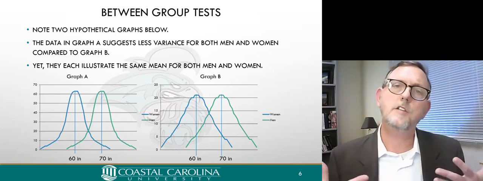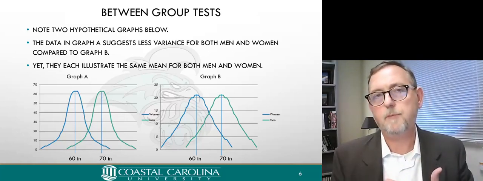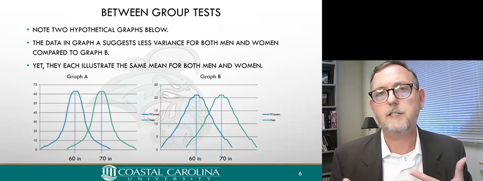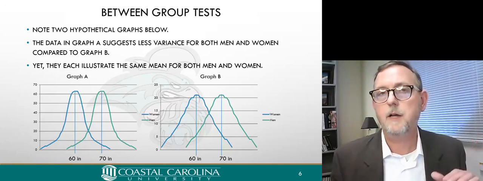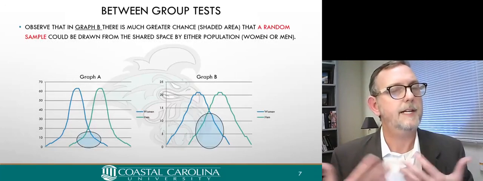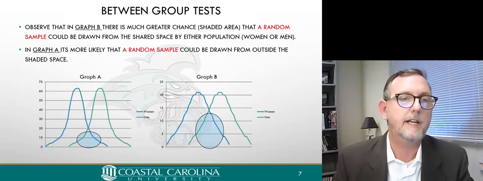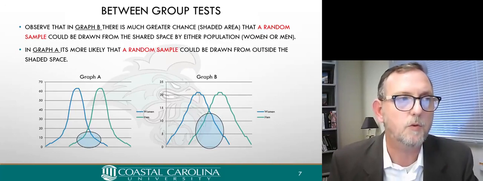And also, at the same time, we can see that there's an overlap between the men and the women's heights, in both cases, A and B. But in B, the overlap's much greater. That's significant, and that's important, and that's what we want to key in on here as we move forward a little bit.